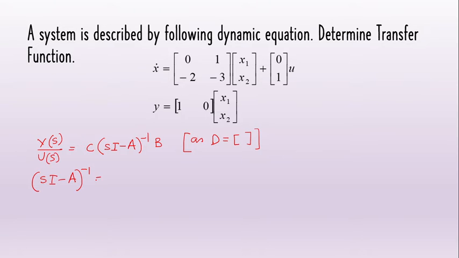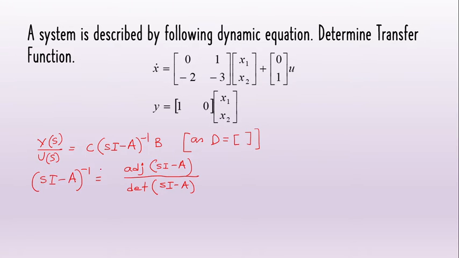We have to get the adjoint matrix of (sI minus A) and determine the determinant of (sI minus A). Then, dividing the adjoint matrix by the determinant, we get the inverse of (sI minus A).